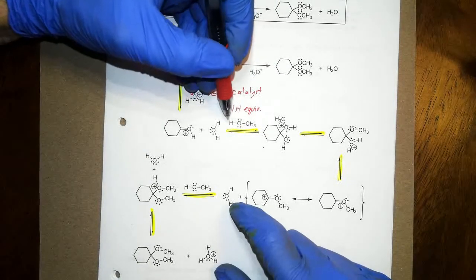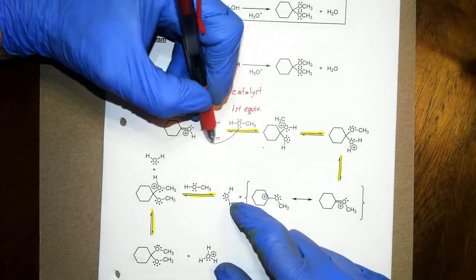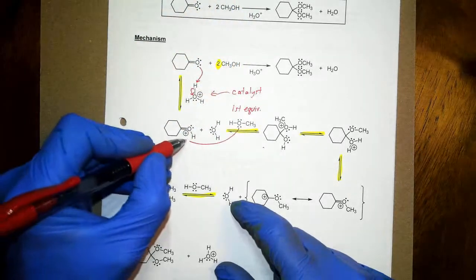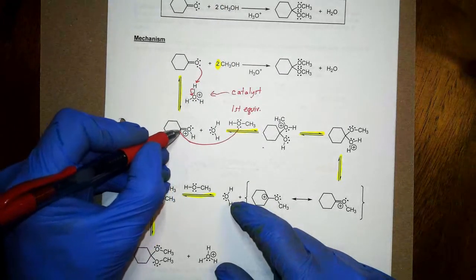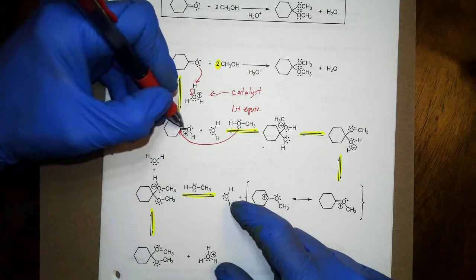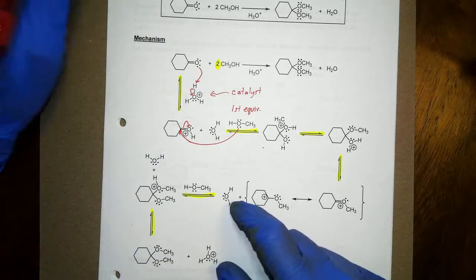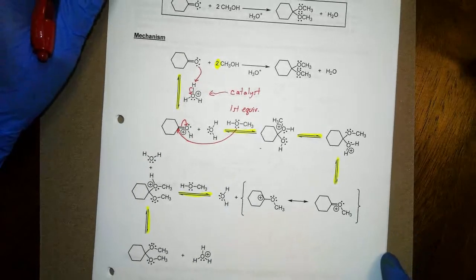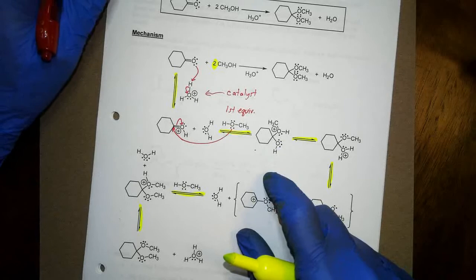Alright, so what's this going to do? It's going to act as a nucleophile to this carbon. Remember, this carbon now is very electrophilic. And then this pair of electrons will become a lone pair on what's now an sp3 oxygen atom. So this is our second intermediate.